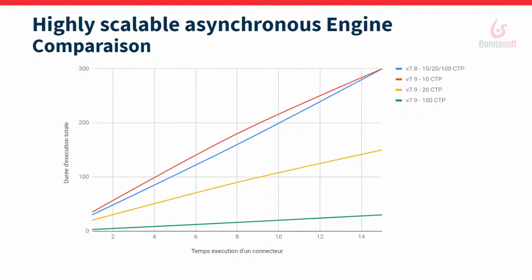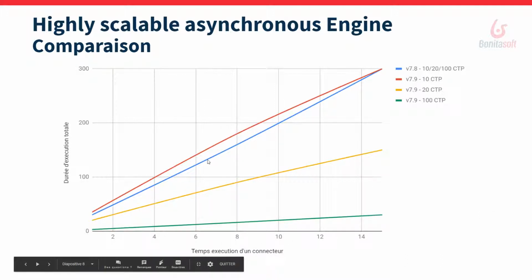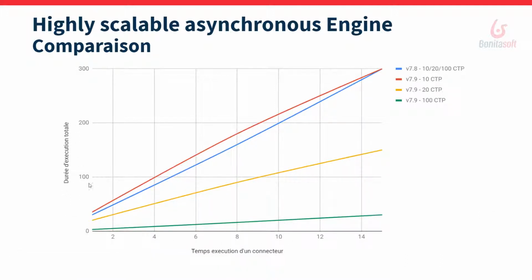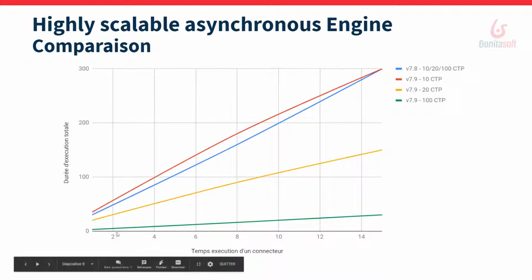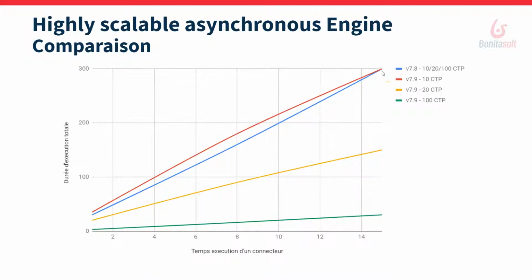If we take a quick look at the chart we have for the connector execution, you can see that the duration of the execution of a connector and the total duration used to be quite the same, even if you increased the size of the connector thread pool.